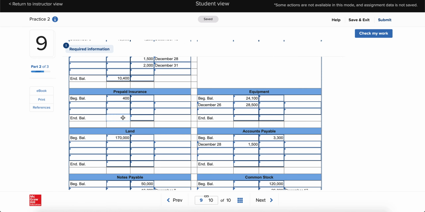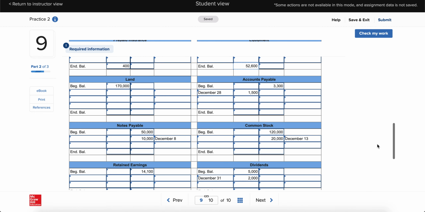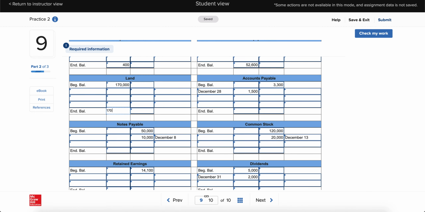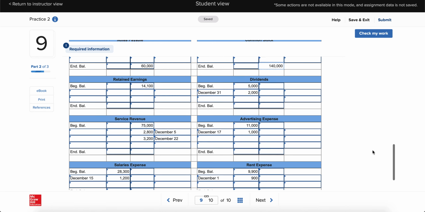For my prepaid insurance, I'm just going to bring the balance down. For equipment, only debits, so I add them together, and that 52,600 is my ending balance. Land, no transactions there, just the beginning balance brought down. Accounts payable, I had a 3,300 balance. I paid 1,500 on it. My new ending balance then is 1,800. Notes payable, I have a $60,000 ending balance. Common stock of $140,000 ending balance.